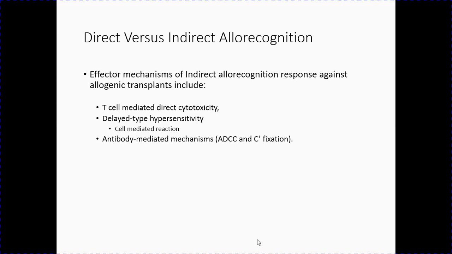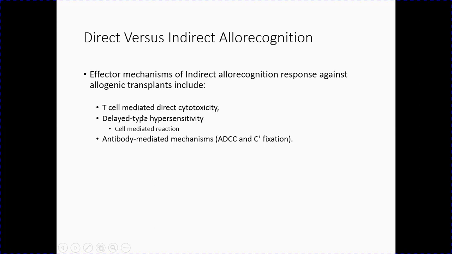Some of the mechanisms of direct versus indirect, as I said, the two systems, direct versus indirect, we have the difference between direct cytotoxicity of direct allorecognition, and then this kind of delayed hypersensitivity of cell-mediated or antibody-mediated.